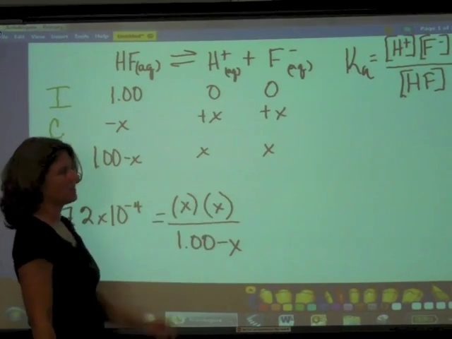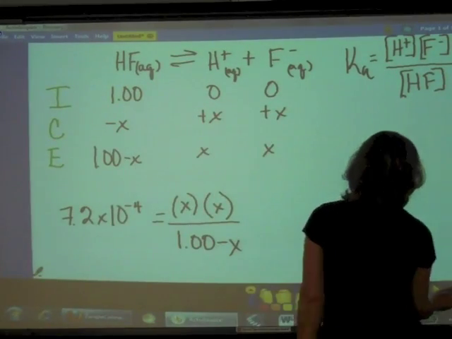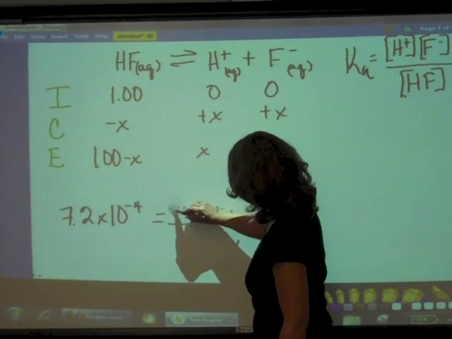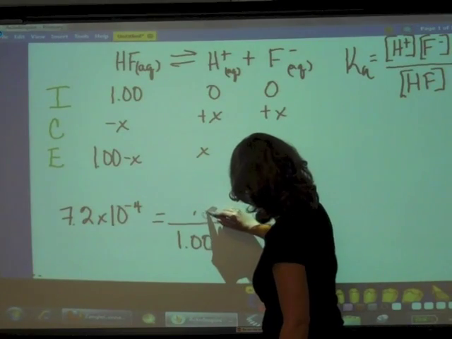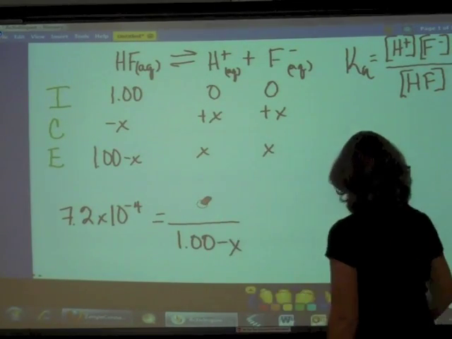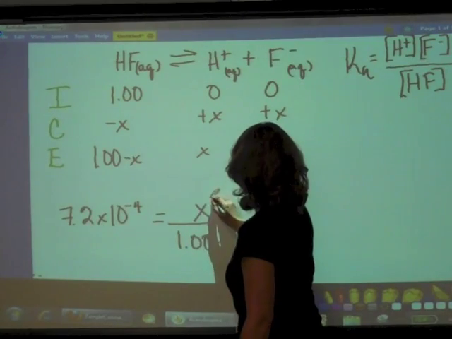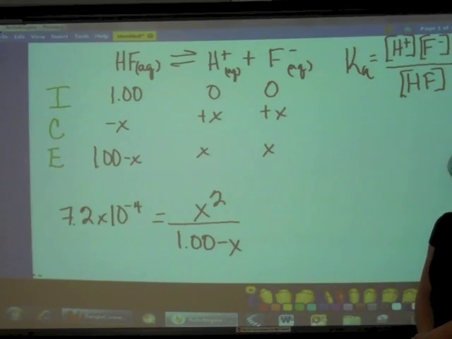What is this, x times x? Do you see what I see? I see the quadratic equation in my future to solve for x.